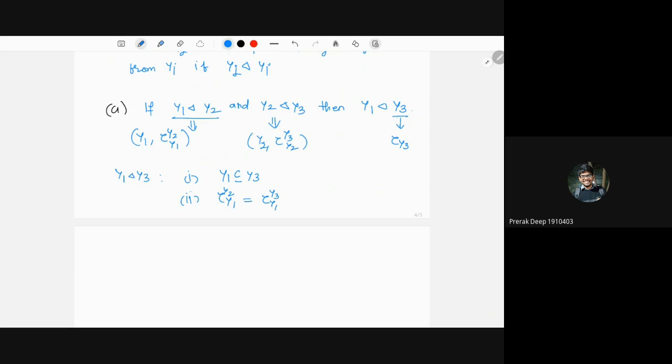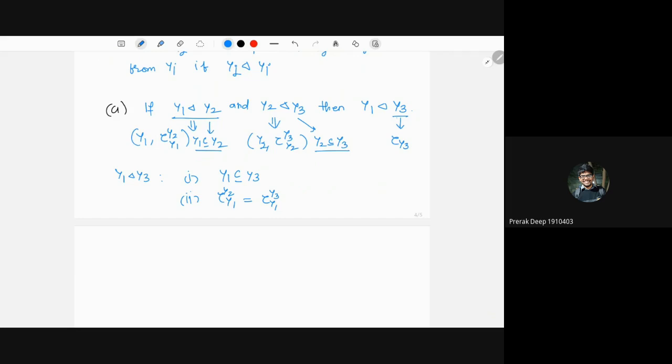Is the question clear now? Yes, sir. Okay, good. So why is the first true? Because we know that Y1 is a subset of Y2 because of this relation, and Y2 is a subset of Y3 because of this relation.